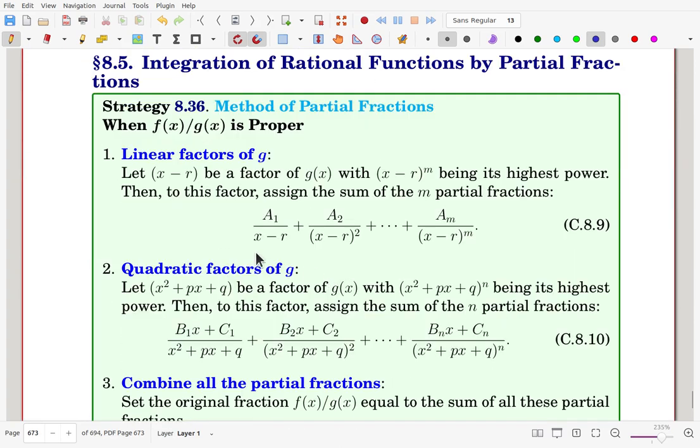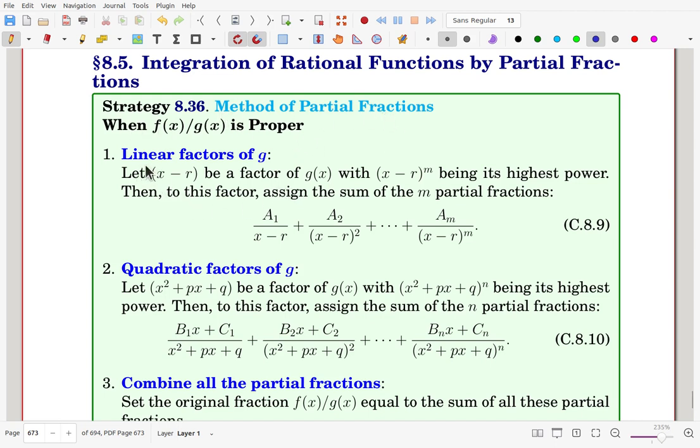Now we have integration of rational functions by partial fractions. So we are now considering the method of partial fractions. When f over g is proper, that means the degree of f is lower than g, and in this case we can use that.